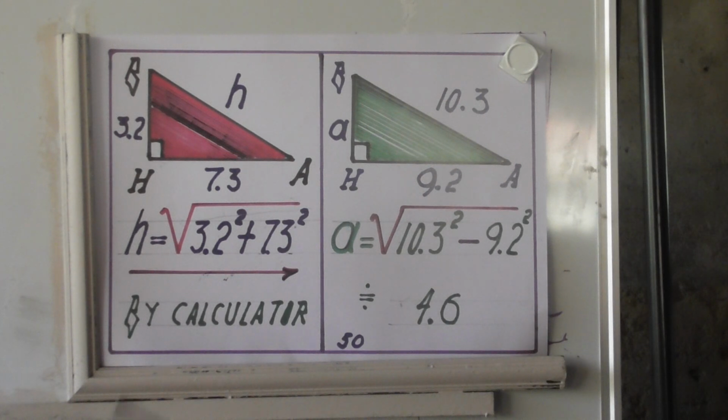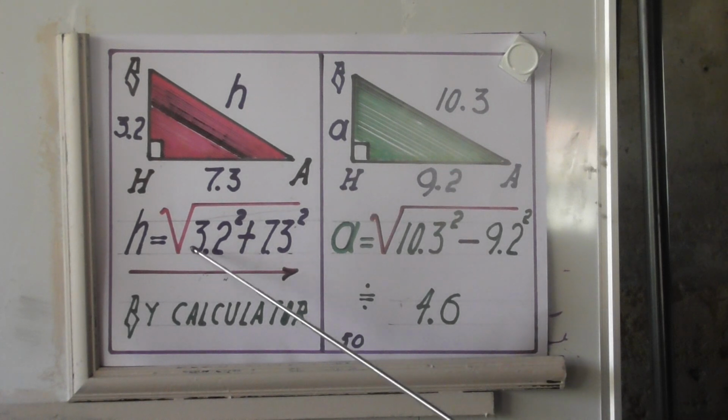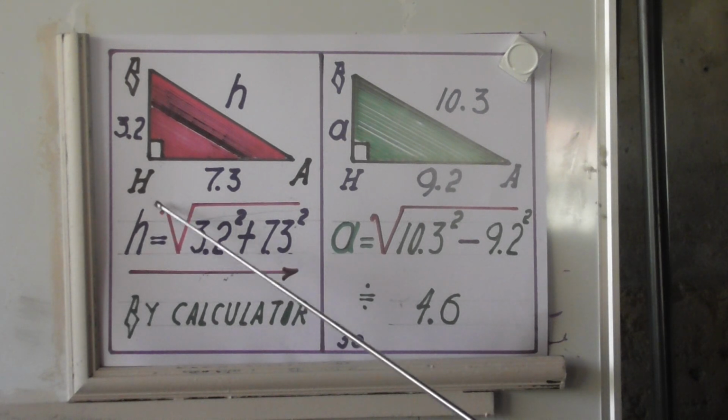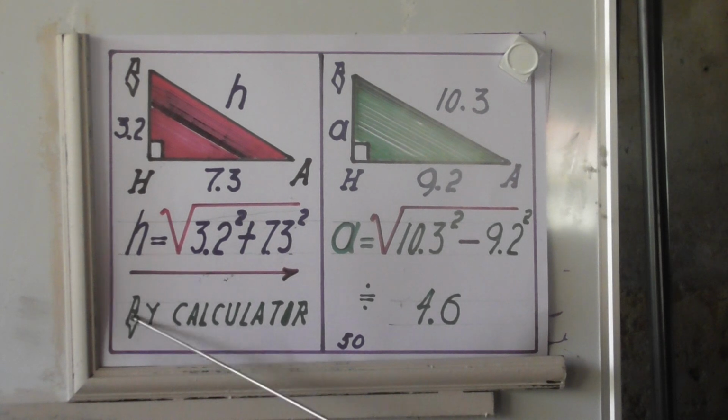In school, they always start with the... I want to know what this is, so I'll start with this. And that is the square root of 3.2 squared, positive 7.3 squared. So you put it in the calculator. This root sign, this square, that square equals that. By calculator.